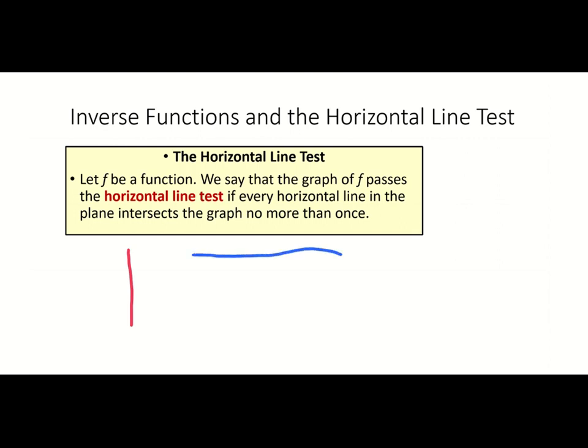If you run a horizontal line over your function as it goes from left to right, it should only touch the graph at one point in order for the inverse of that function to be considered a function.